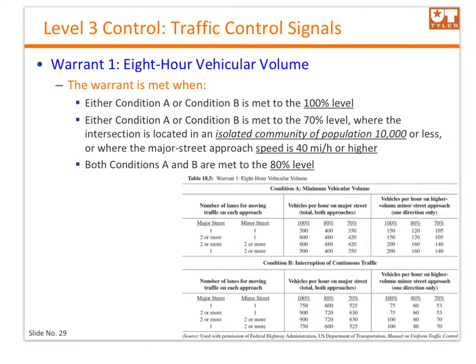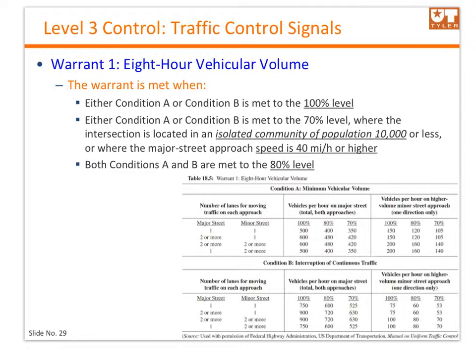The 500 is somewhere between 80% and 100%, while if the traffic in the minor street is about 100, this means, since 105 is the minimum for 70%, that for this condition it is 70%.